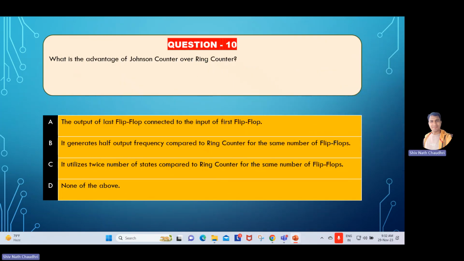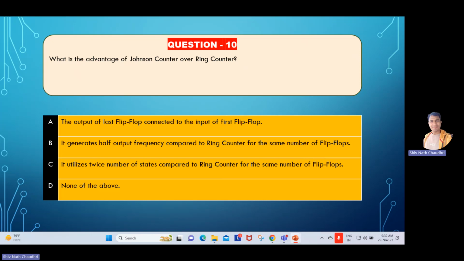So what is the advantage of Johnson counter over ring counter? The first option is the output of last flip flop connected to the input of first flip flop. In the first option, it is not specified which output of the last flip flop, whether it is normal or complementary, connected to the input of first flip flop. The second one: it generates half output frequency compared to ring counter for the same number of flip flops.